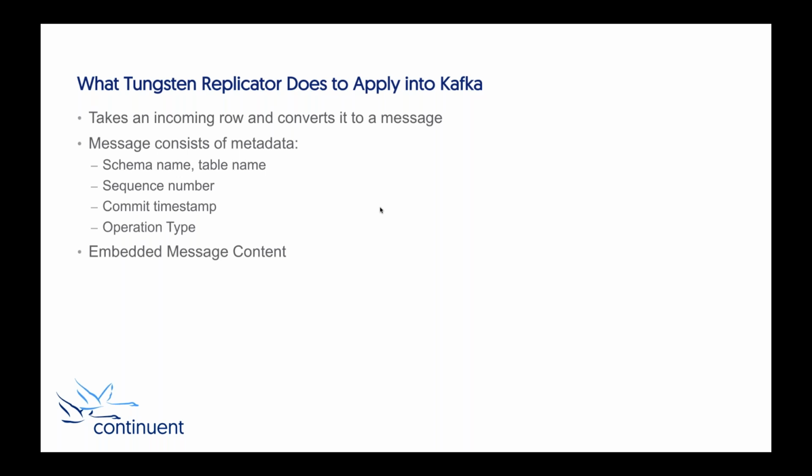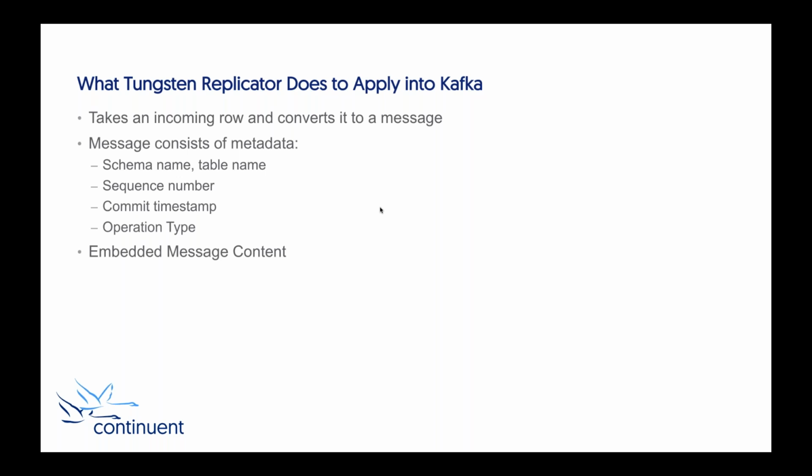We embed a series of metadata into that information: the schema name, the table name, sequence number, timestamp, and other information, so that you can actually see where the data came from. So it's a completely encapsulated message. We then embed the message content, which is a JSON representation of the original source row: key-value pairs of column name and column value.